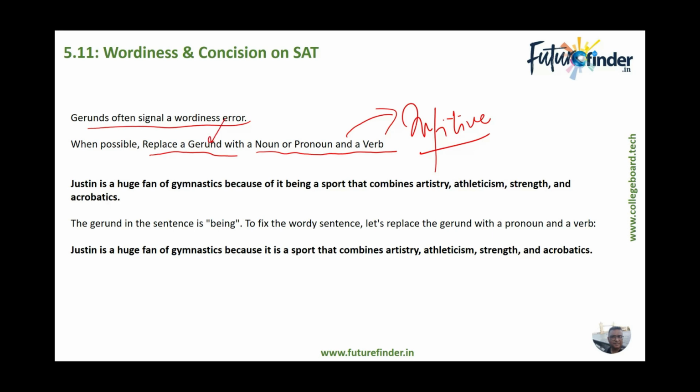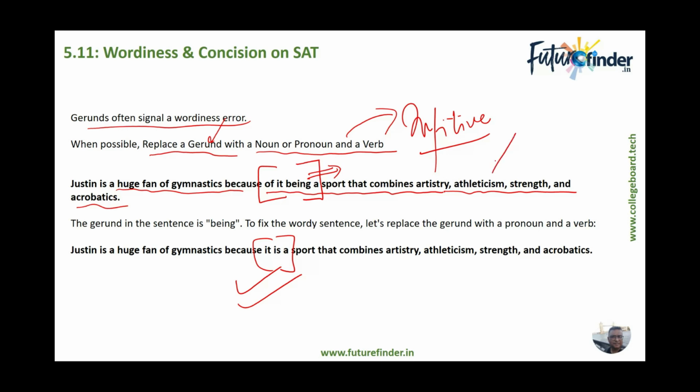For example: Justin is a huge fan of gymnastics because of it being a sport that combines artistry, athleticism, strength and acrobatics. Because of it being is just because it is a sport, which is always a better way of stating this compared to the first one.